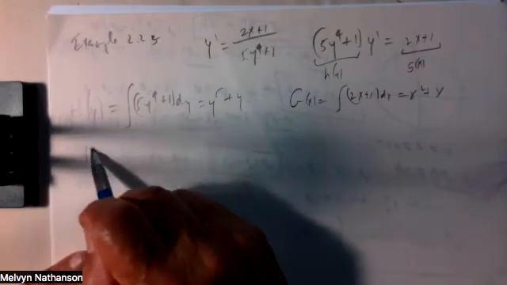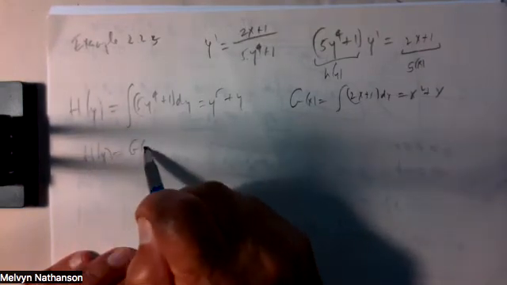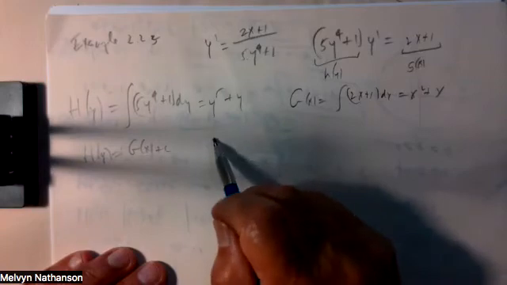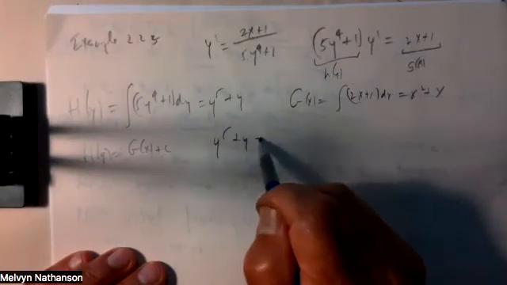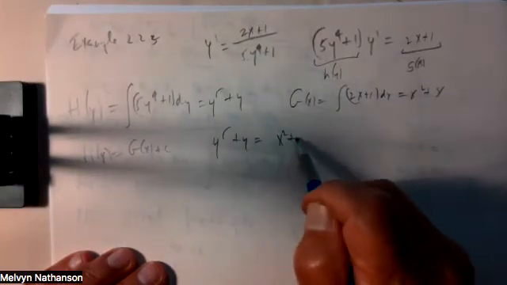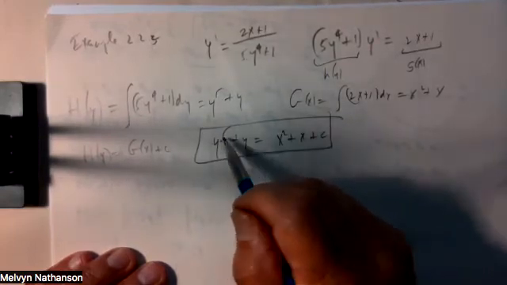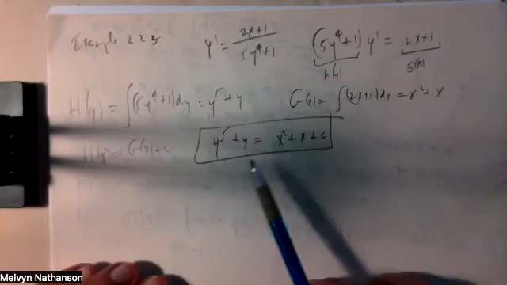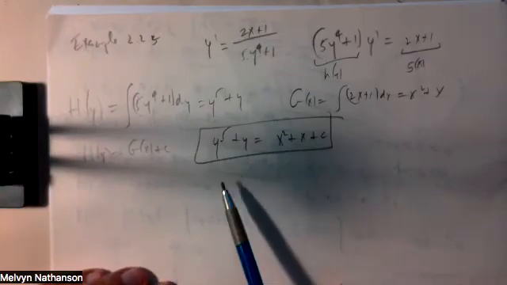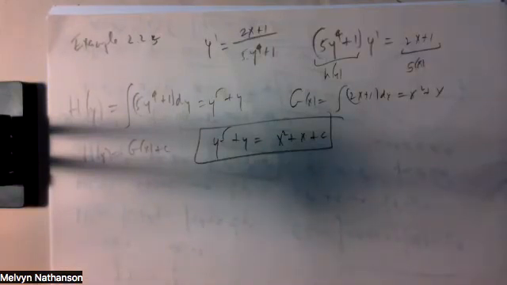So any solution, any function y, which satisfies the equation h of y equals g of x plus c, which is y to the 5th plus y equals x squared plus x plus c, any function y that solves this equation, solves the differential equation.